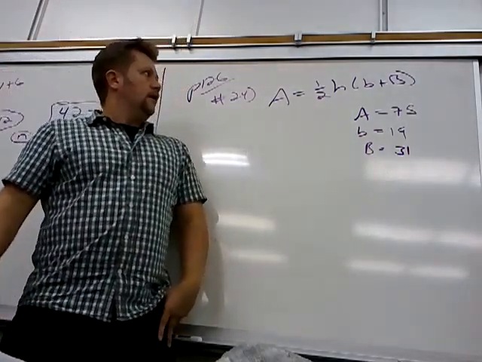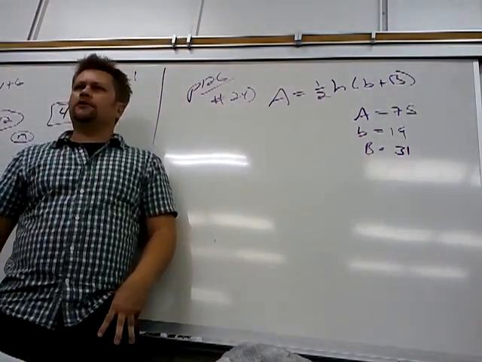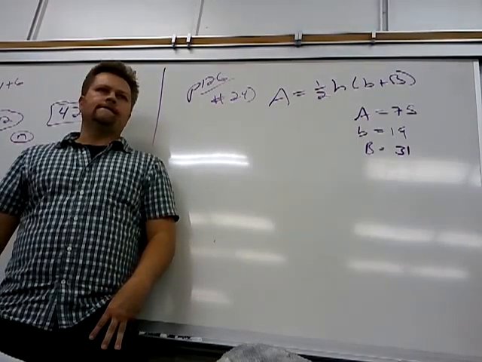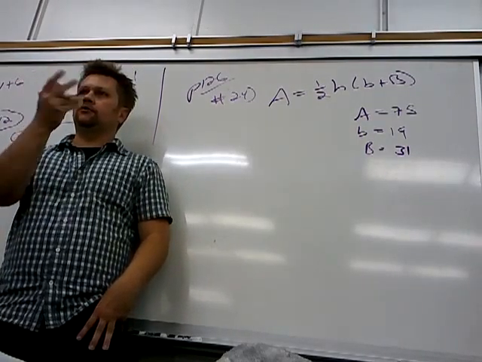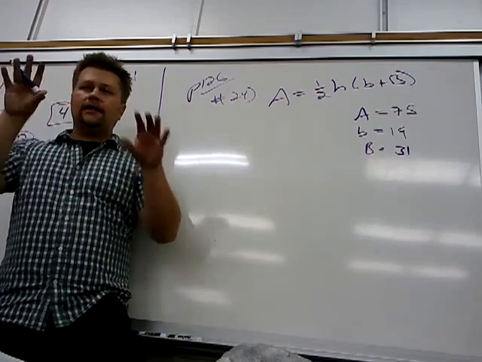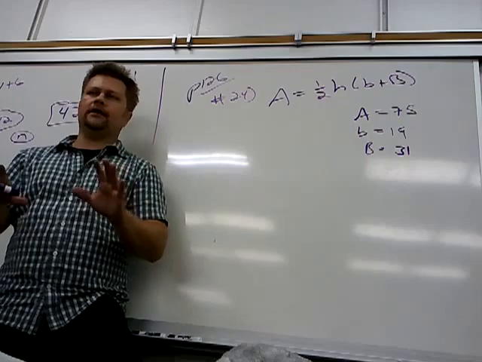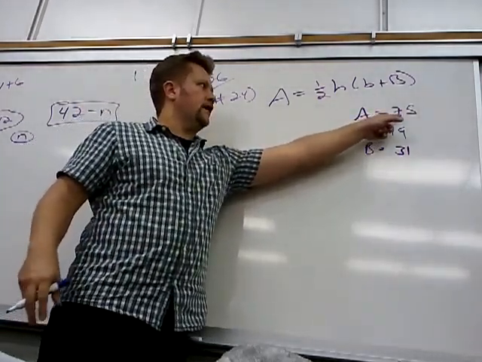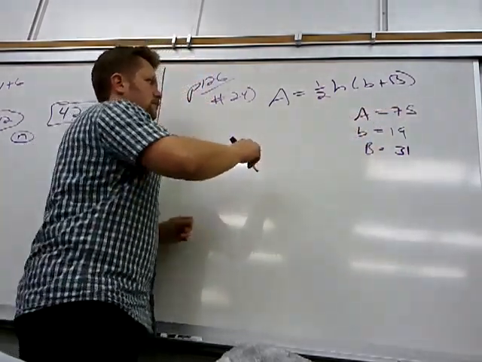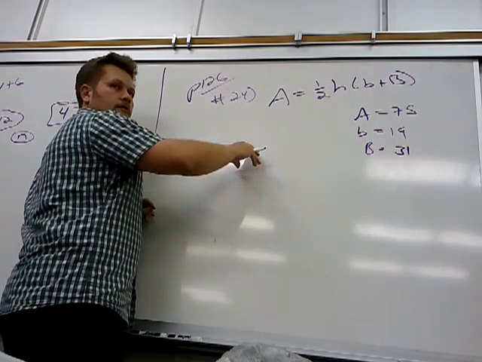Cool. And they want to solve, what letter do you think they want you to solve for? H is the only one I don't know. Cool. So this is kind of nice. You plug everything you know in. So this is not quite the evil part yet. So of course, where's 75 go? A, cool.